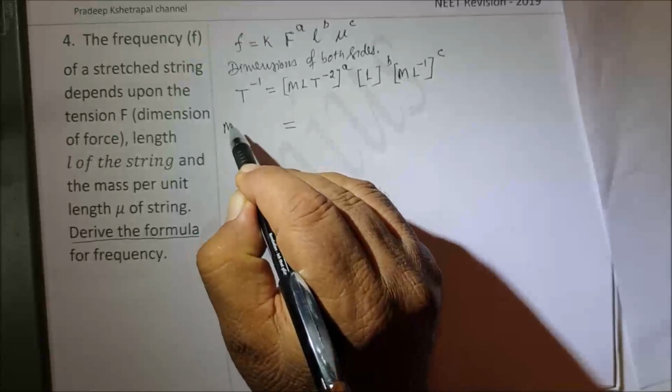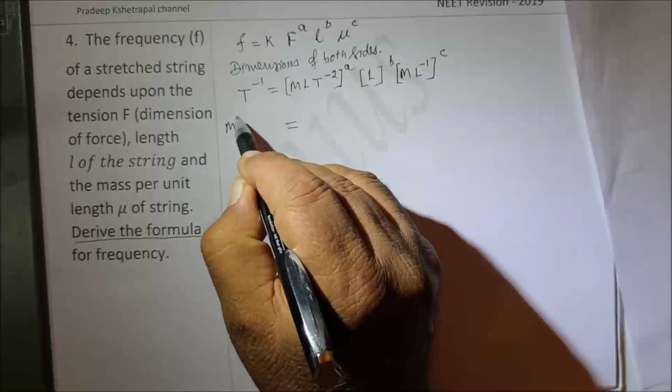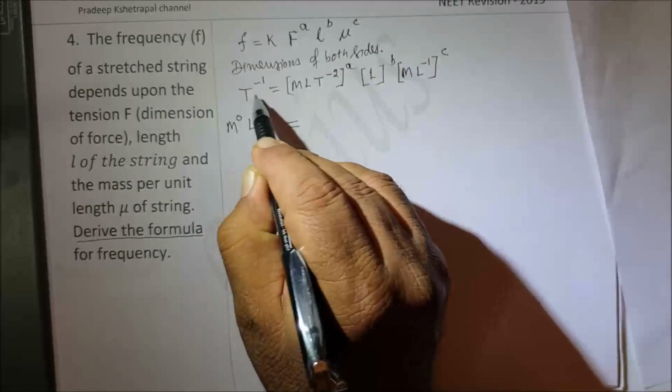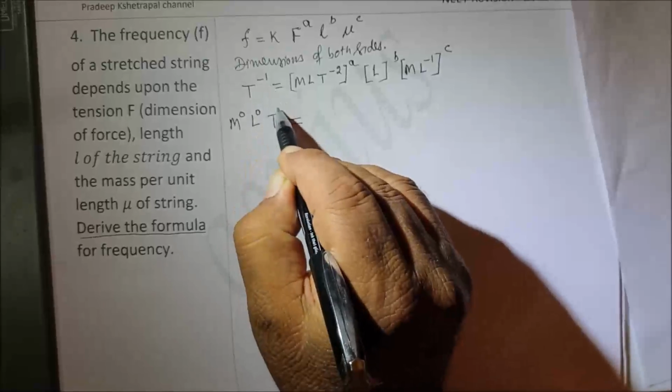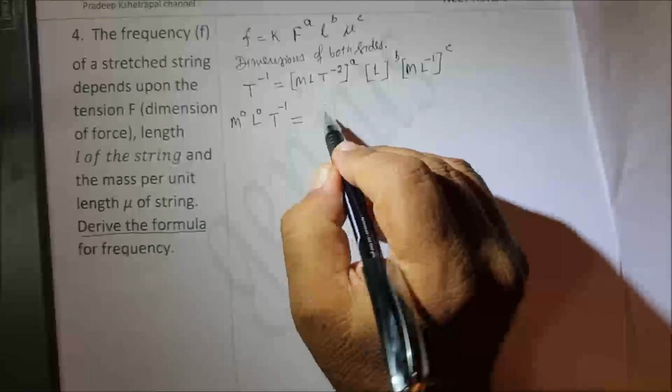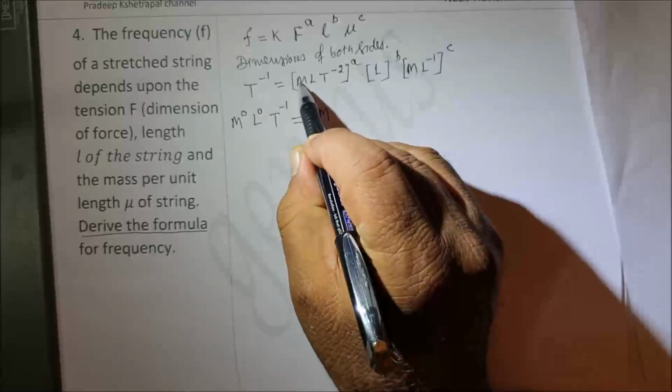This is mass, no, 0. Length, not here, 0. T to the power -1.